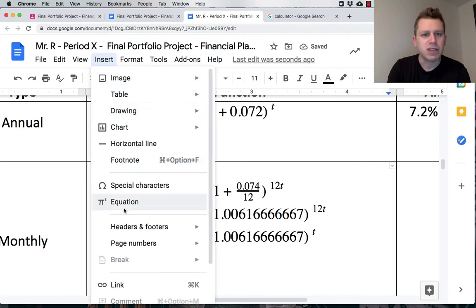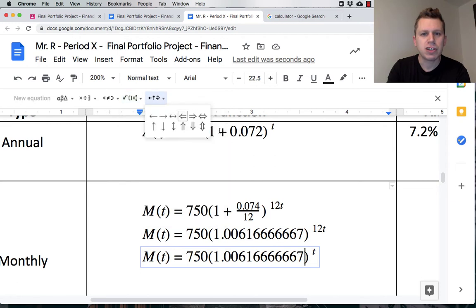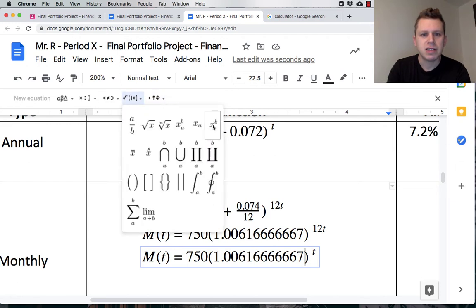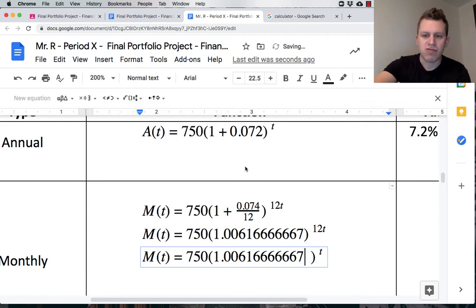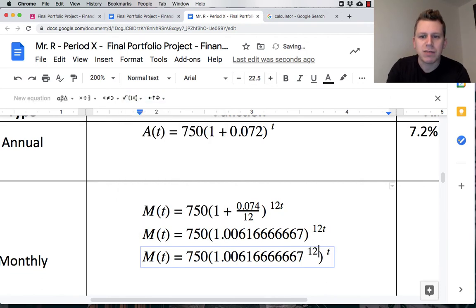Now I have the equation toolbar open right here. I can go back here and add that exponent by hitting math operation, and the x to the b. I press the right on my directional pad and I can move the 12 inside. A little tricky, but again, you click here and do the 12. Not the best in Google. They've done better things, but it is what it is.